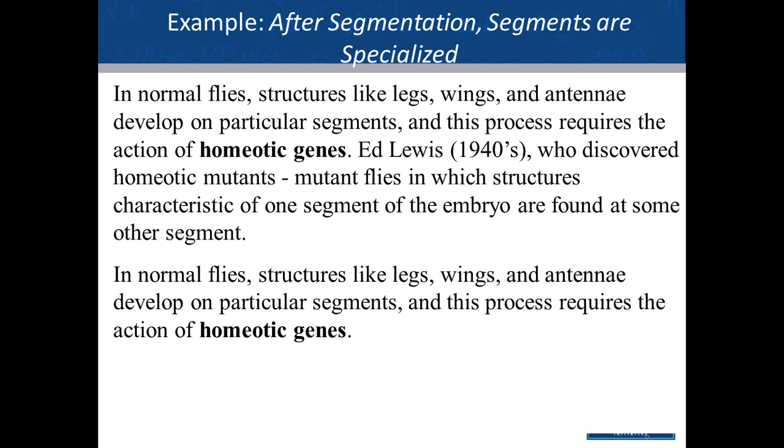Edward Lewis in the 1940s was able to discover these homeotic genes through mutants. So the mutant flies, in which the structures characteristic of one segment of the embryo were found at some other segment, like you'll see in a moment, there were indeed legs growing out of the heads of flies where there should be antennae.